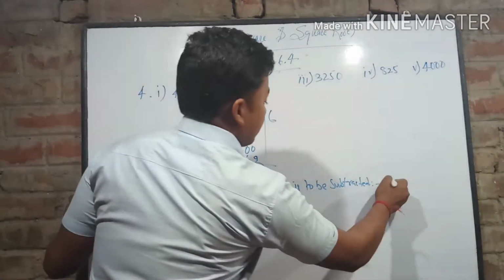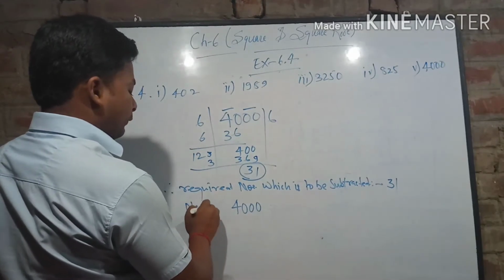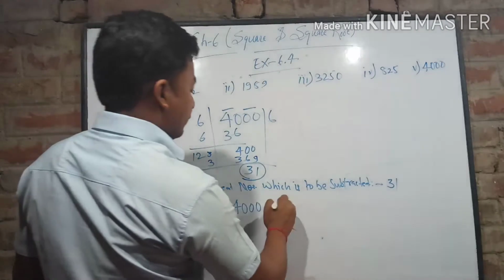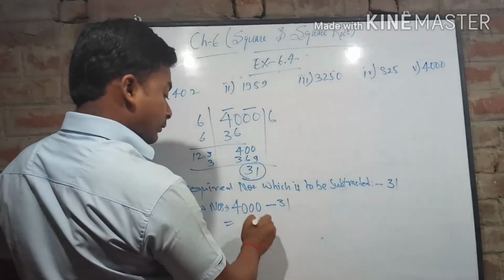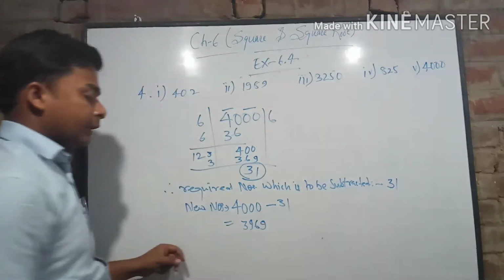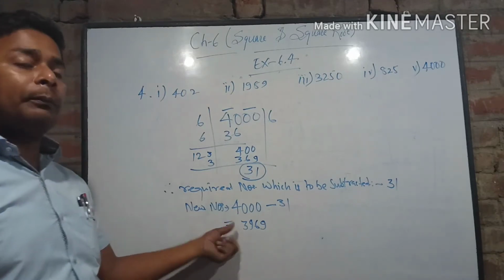And finally the new number, which is a perfect square, will be equal to 4000 minus 31. This is equal to 3969.